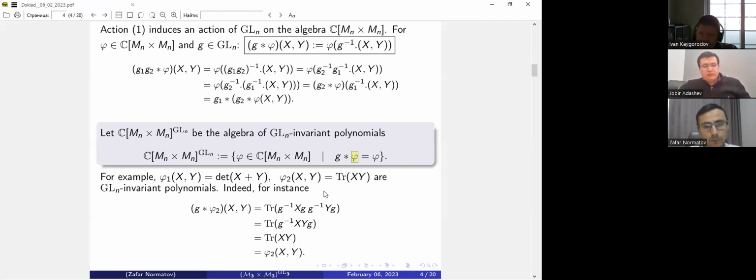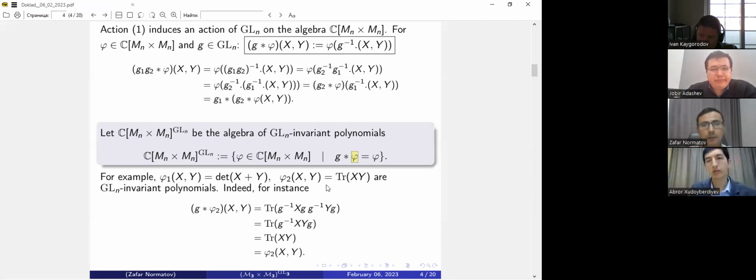Are there other examples of coordinate rings? Some examples different from this given example. So, for example, we can take the polynomial algebra in two variables.